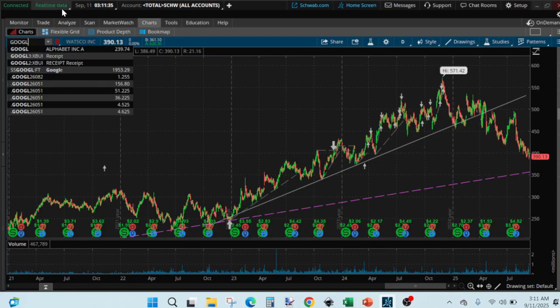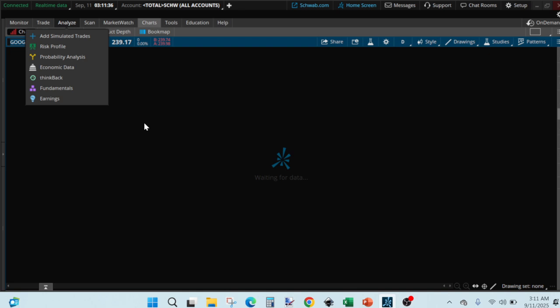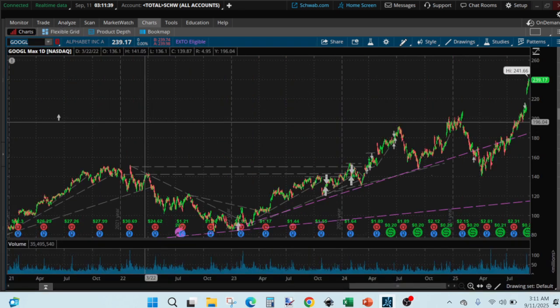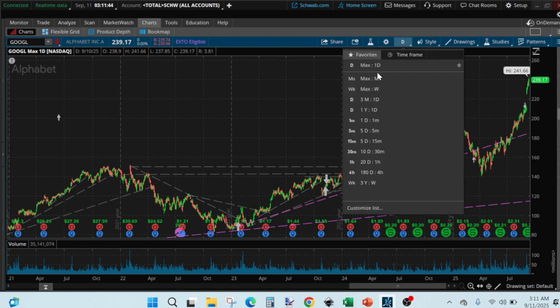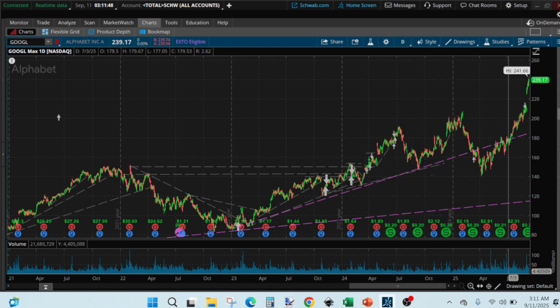We are going to do the chart analysis using the maximum daily chart, and we are using the Thinkorswim platform. We are doing the analysis on September 11, 2025, after the market closing yesterday, the 10th.